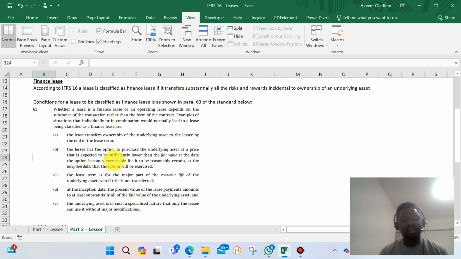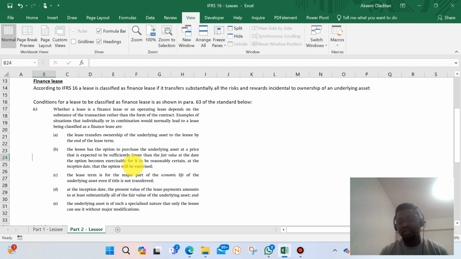The next one is that the lessee has the option to purchase the underlying asset at a price that is expected to be sufficiently lower than the fair value at the date the option becomes exercisable. So after 10 years of leasing an equipment or a property, the fair value of the property at that point in time is maybe $1,000, and the price at which the lessee can purchase it is less than that $1,000.